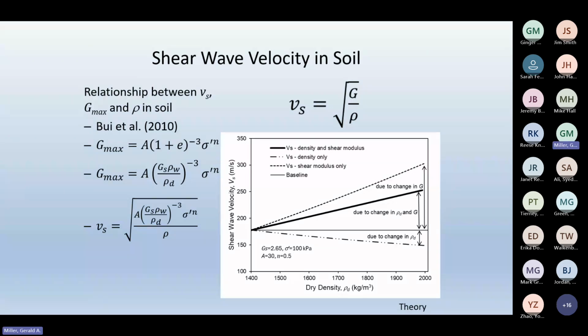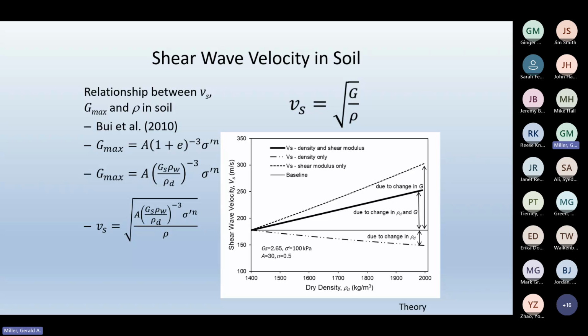So even though density is increasing, I'm getting a significant increase in shear wave velocity. The contribution from density is negative, right? We know it's inverse. So this is the reduction due to increasing density, and then this is the change we get due to increasing shear modulus.